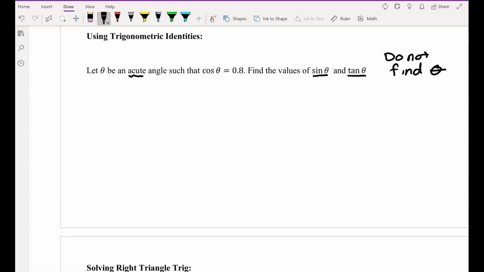So the first thing I'm going to do is grab a Pythagorean identity, and my favorite one is sine squared theta plus cosine squared theta equals 1. And that's going to let me put in my cosine theta, and then I can calculate the sine. So let's go ahead, plug in what we know.